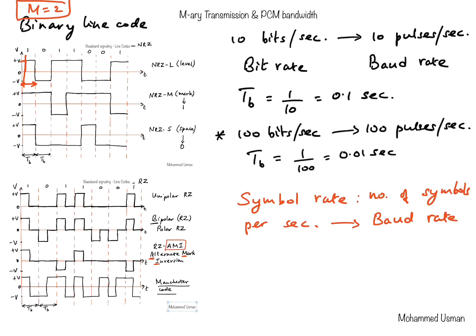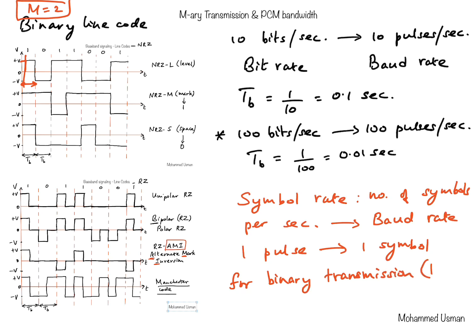So one pulse represents one symbol, and for the binary case, for binary transmission, that is when M is equal to 2, one pulse is representing one bit.